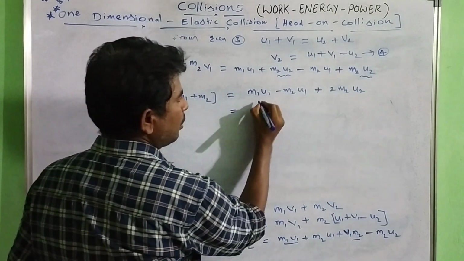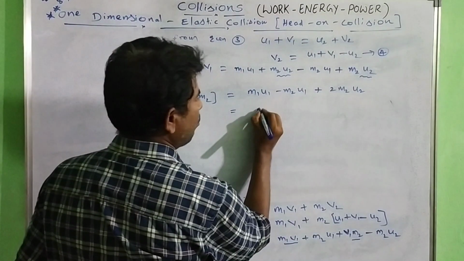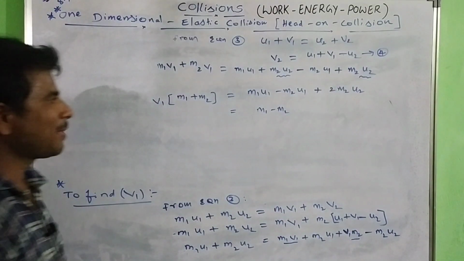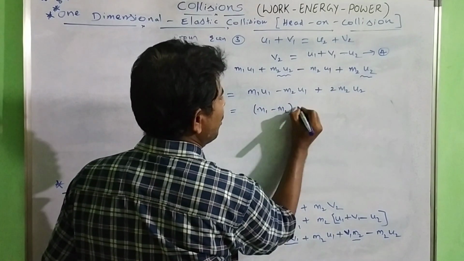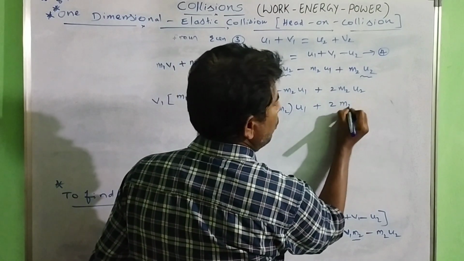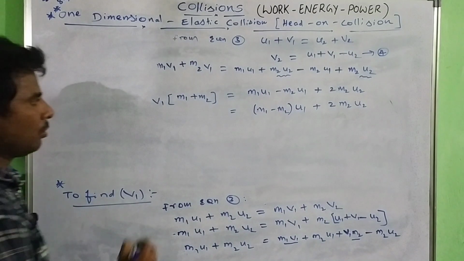Here m1 u1 is a common term, so m1 minus m2 into u1 plus 2 m2 u2.